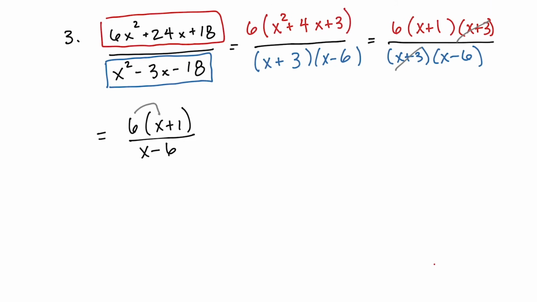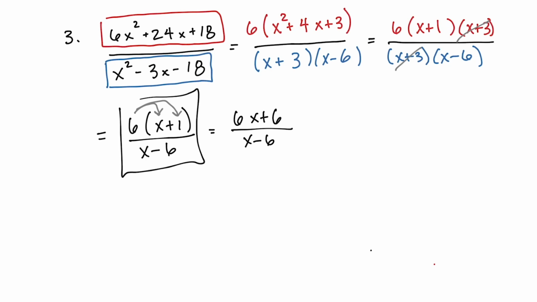Sometimes people will distribute this back in, but since it can't be canceled out, I'm not sure how Khan Academy will feel about that. So these are equal. Okay, so I personally would prefer this one. I do not know if Khan Academy feels the same way.